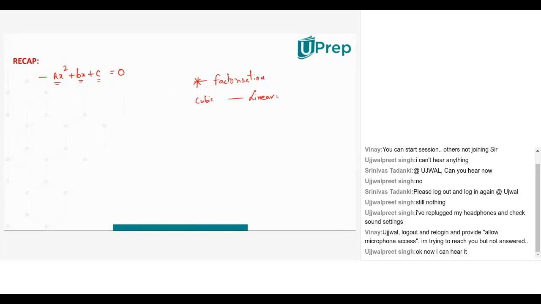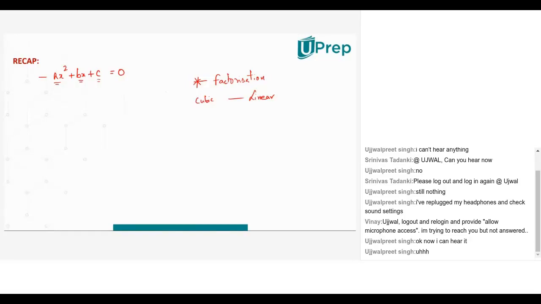Shreya or Manya? 2, sir. A cubic polynomial, how many linear factors are possible? Yeah, very good. Manya says 1 linear factor.